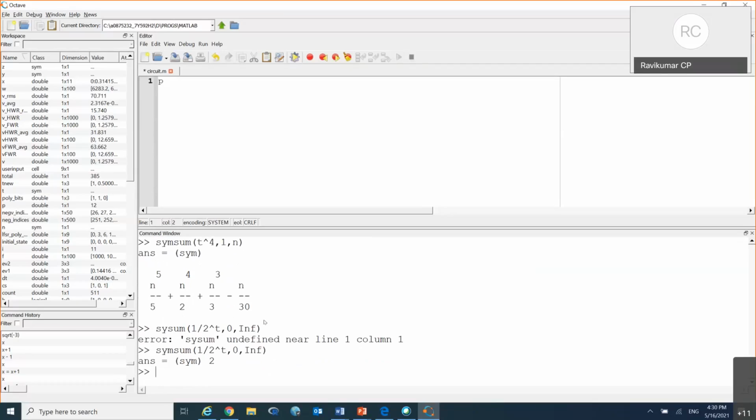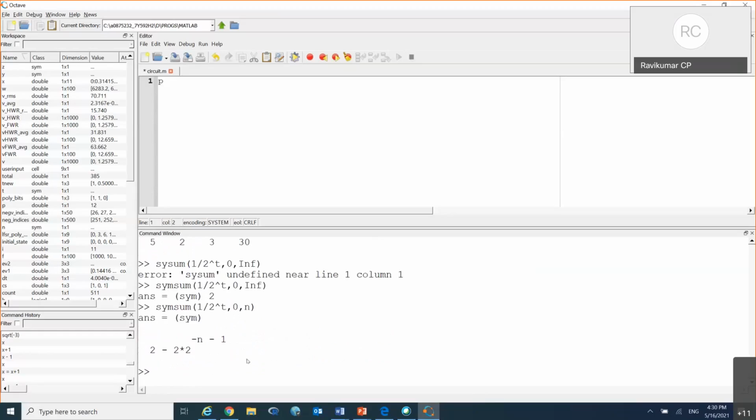You may know this is a very interesting series. 1 plus half plus 1/4, etc. is nothing but 2. So it is able to give you that. If you had stopped it at n, it will give you a formula, but if you stop at infinity, it will give you the answer as 2. This is useful in a number of situations where maybe you're interested in getting a small formula or something like that.